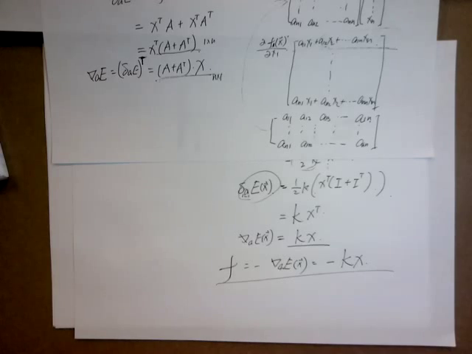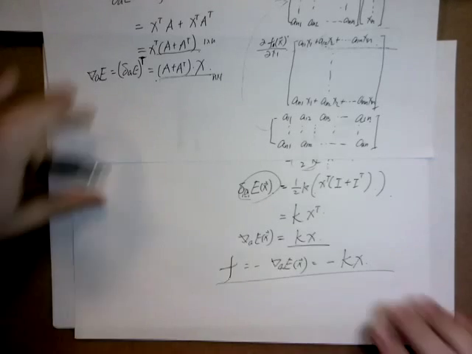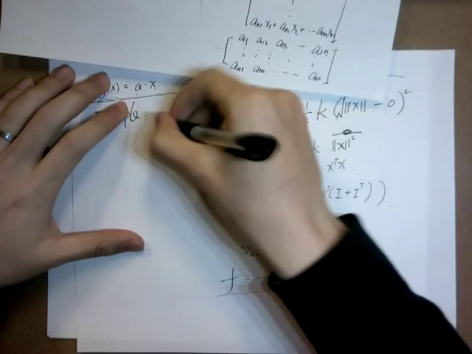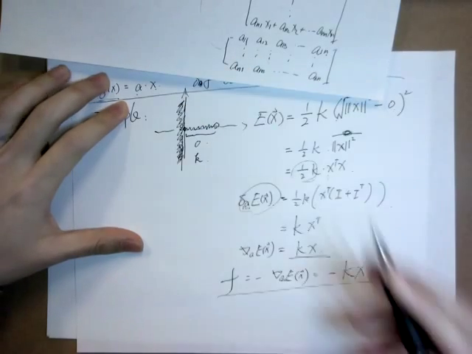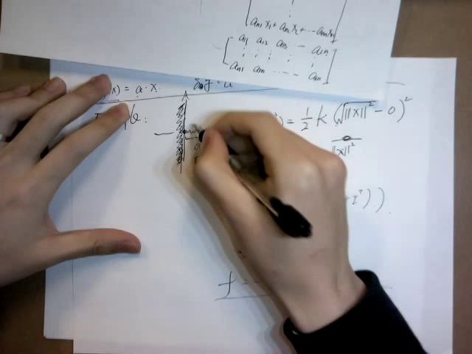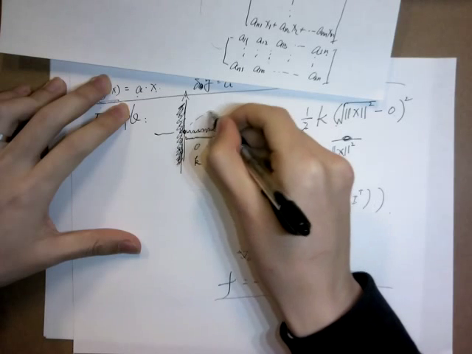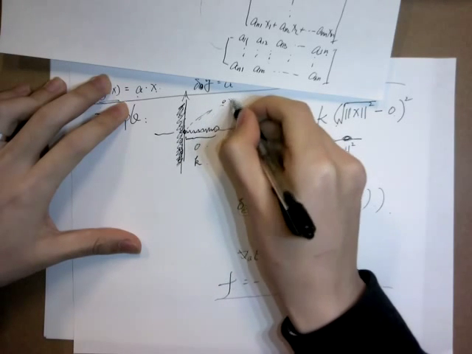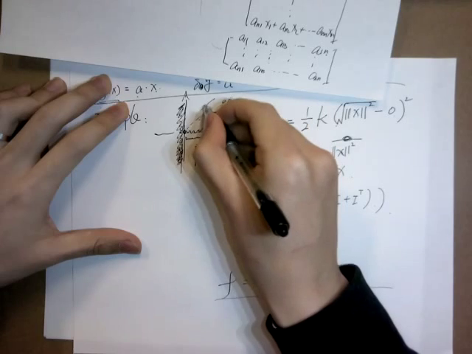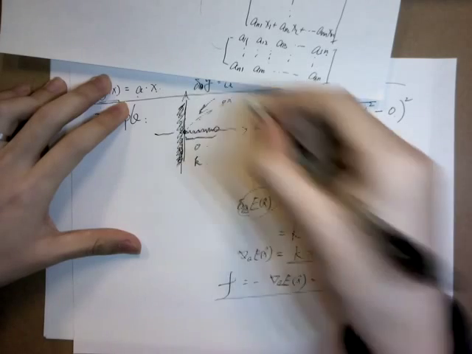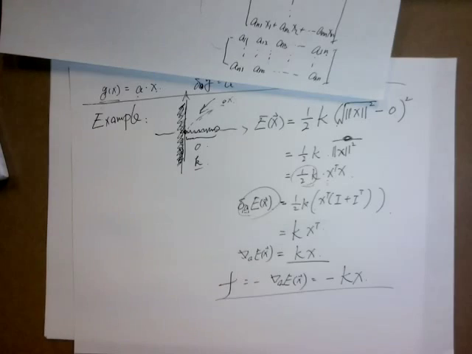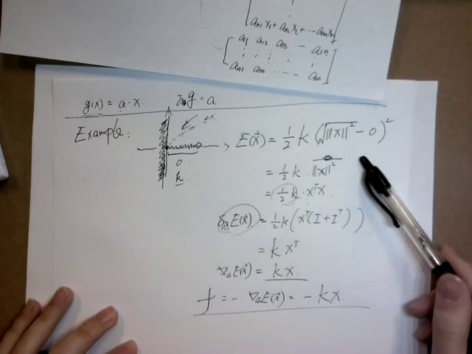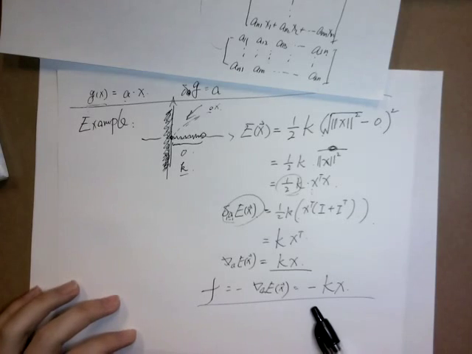If the point attached to the wall is the origin, and I pull the spring to any other point x, then the spring force points to the origin because it's negative x multiplied by the constant k. So this is Hooke's law in force form, and we can derive it from the energy form to the force form.